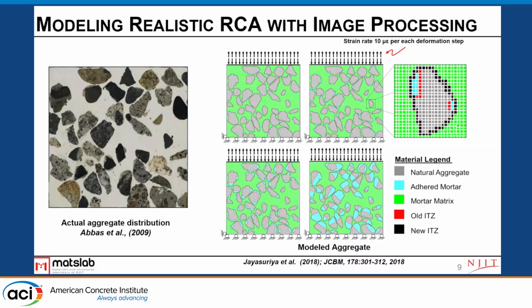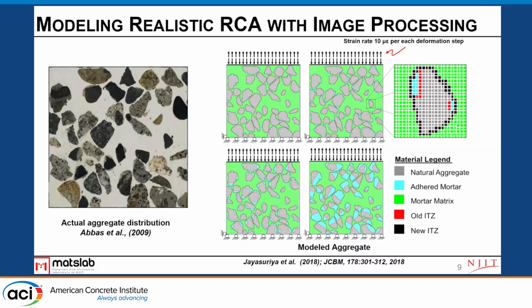But when you're using an image as your base, you still can't have a random generation of properties. You can't start doing good Monte Carlo simulations. You can't change the orientation of something to see the impact of that in the exact same system. So that starts to make it difficult.